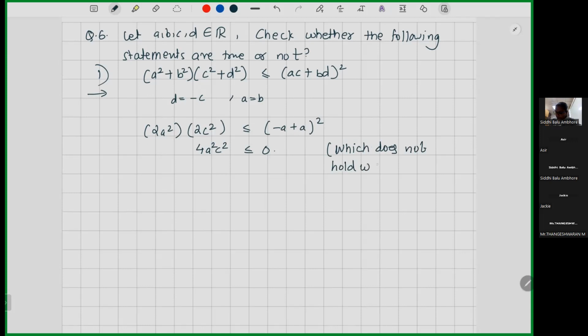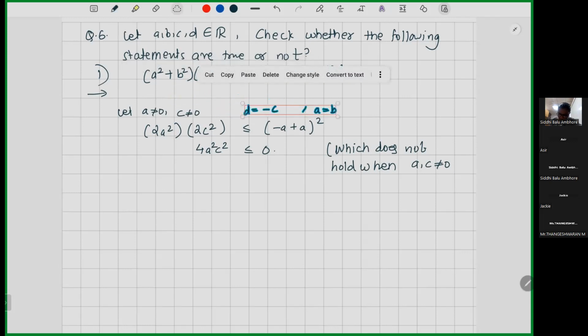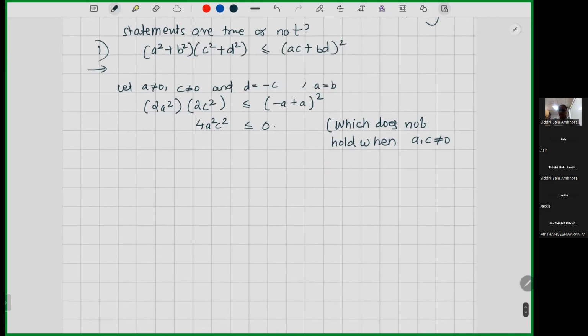when A, C are non-zero. Let A be non-zero, C non-zero, and let me write this. And D is equal to minus C, B is equal to A. Now is it okay?